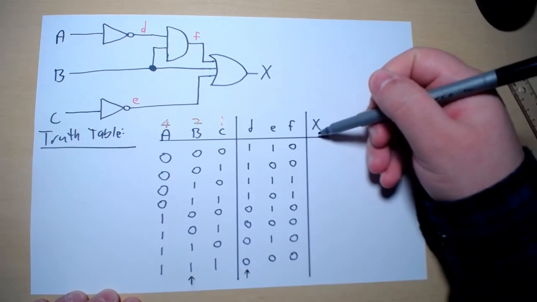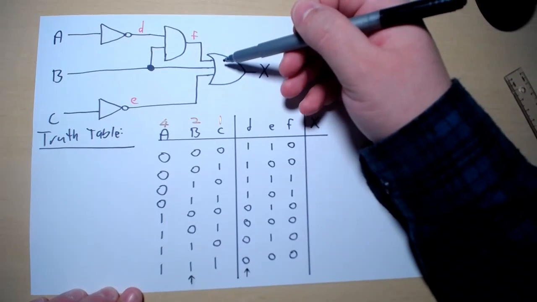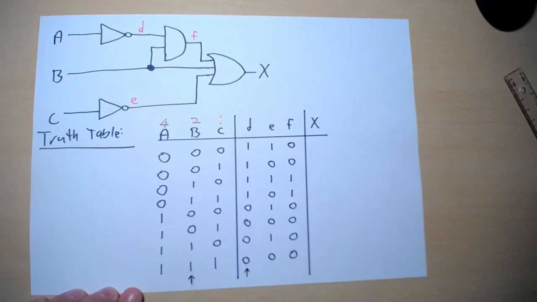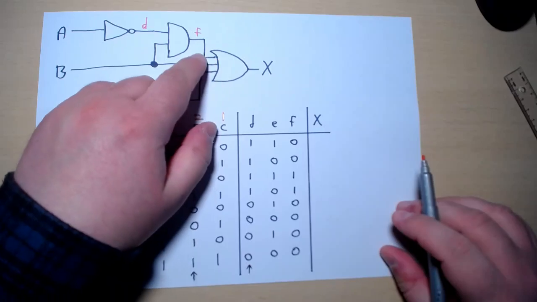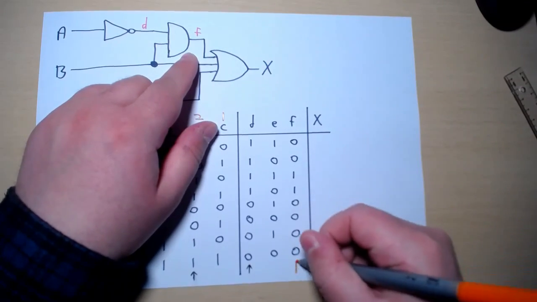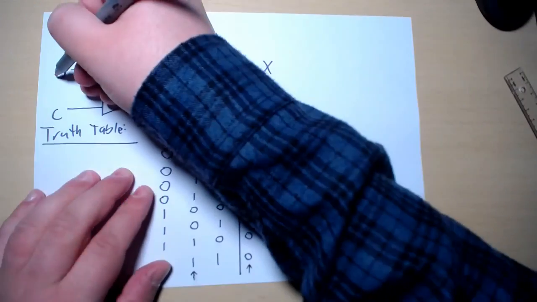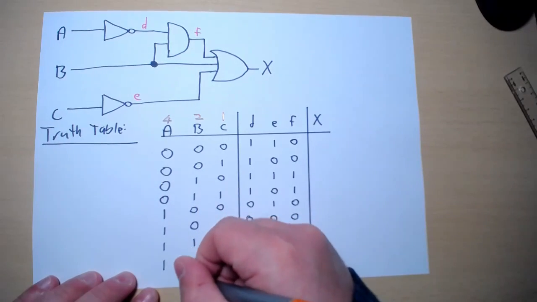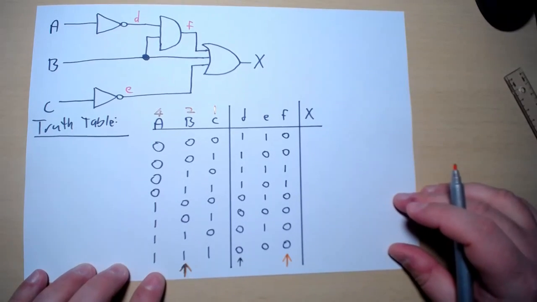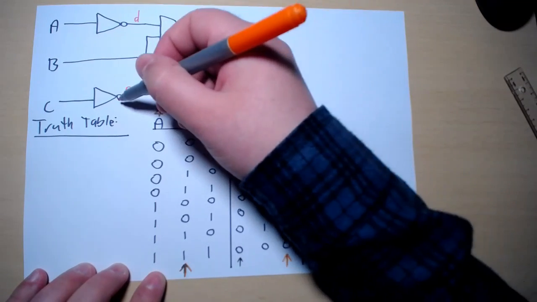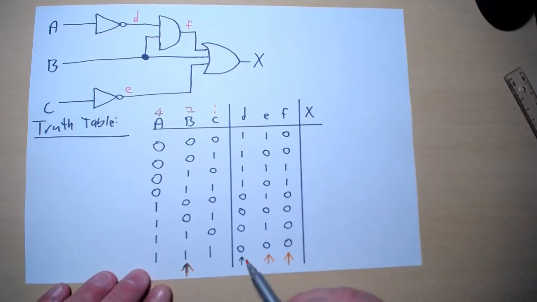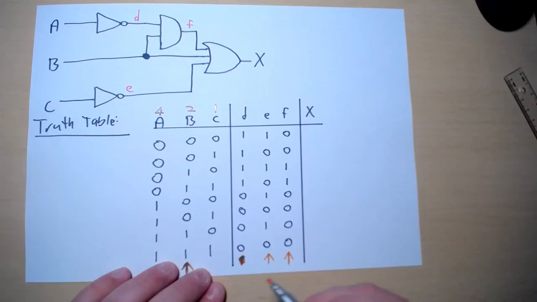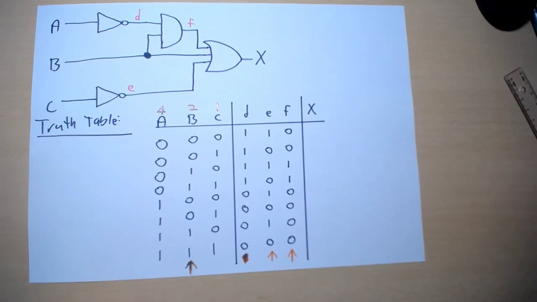Now let's find the final output X. Now X is an OR gate, and it is the OR of F, B, and E. So now we have to ignore the other columns.